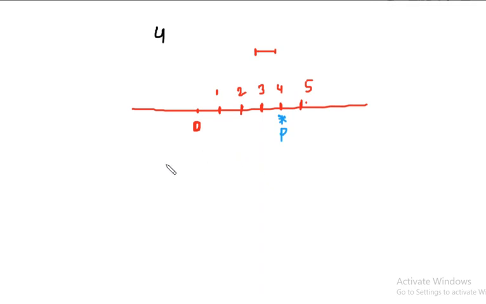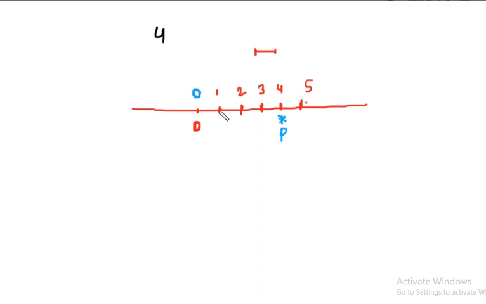You can elaborate like this. If a question comes like this, represent number 4 on the number line, you will start like this. I draw a horizontal line and take a reference point O, and we say that it represents 0.